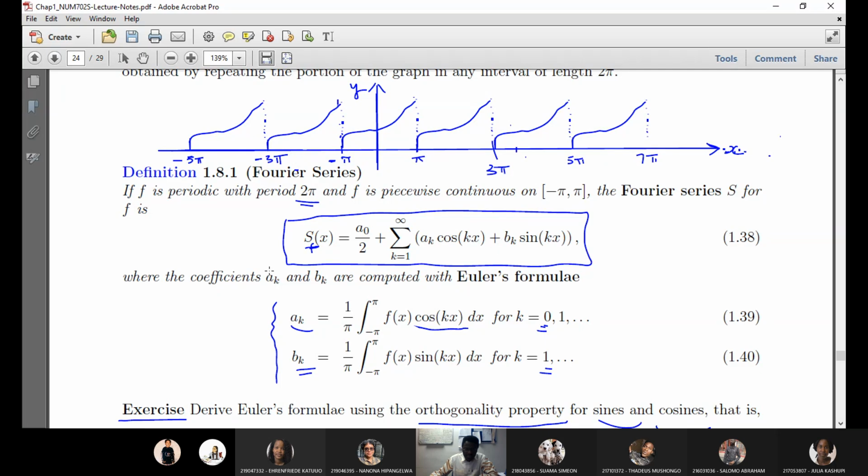These AKs, BKs depend on f. And how do you derive the formula for AK and BK? They are obtained through what we call Euler's formula. The Euler formula for AK is given by this formula, and for BK is given by this other formula.